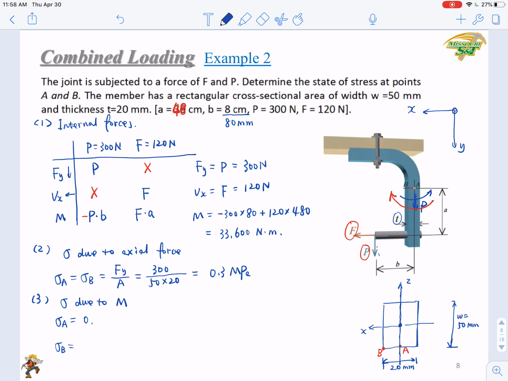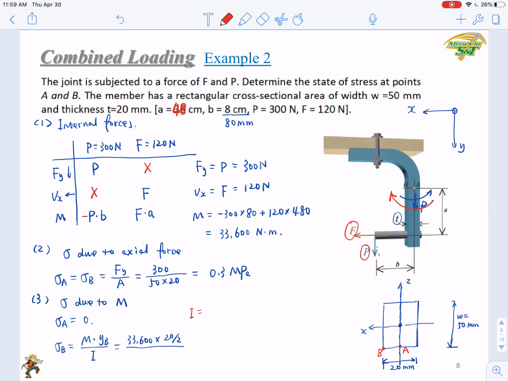Now how about sigma B? Sigma B, we need to calculate by using the equation M y_B over I. The M is 33,600, and y_B is half of the thickness, 20 over 2, over I. So what is the I value, the moment of inertia?